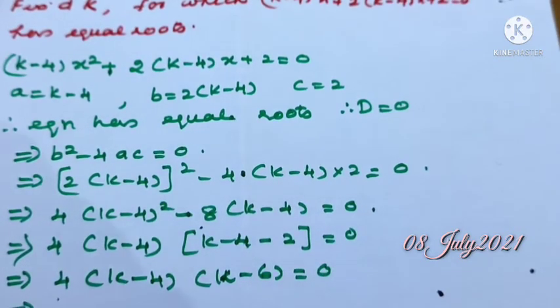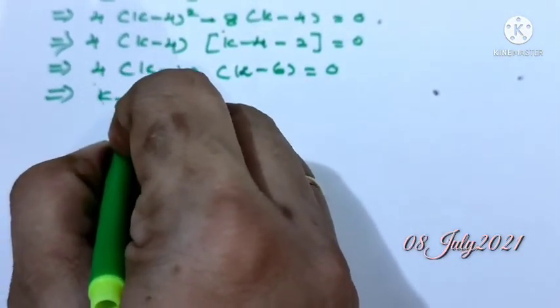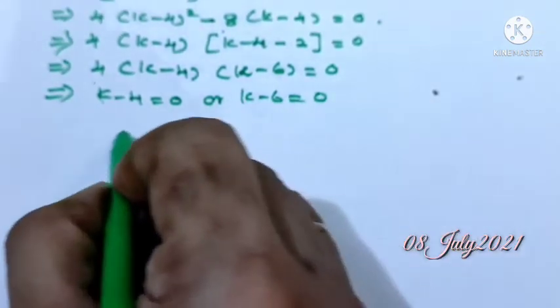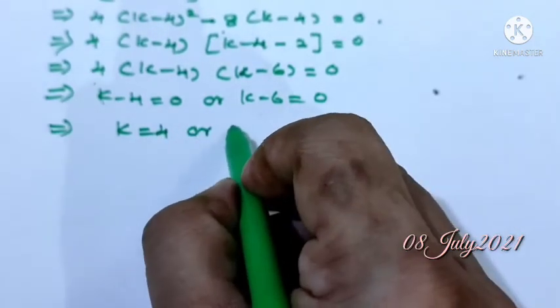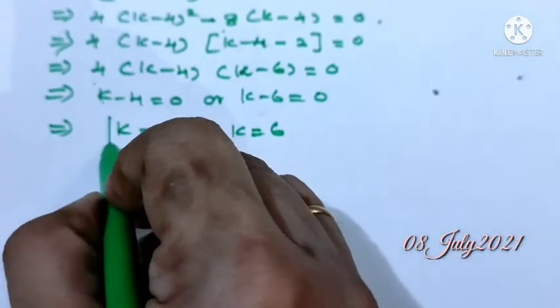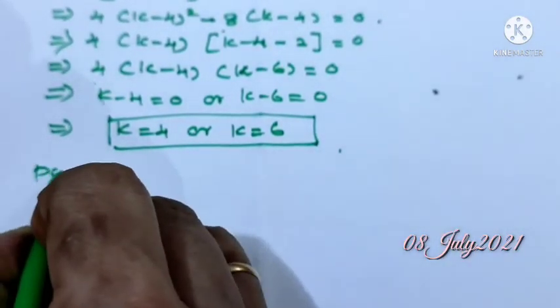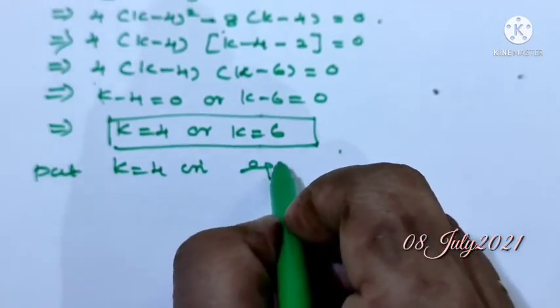4 cannot be equal to 0 only. So k minus 4 equal to 0 or k minus 6 equal to 0. Like the previous question, we are getting two values here, k equal to 4 and k equal to 6. Now what is the next step? Put k equal to 4 in the equation.